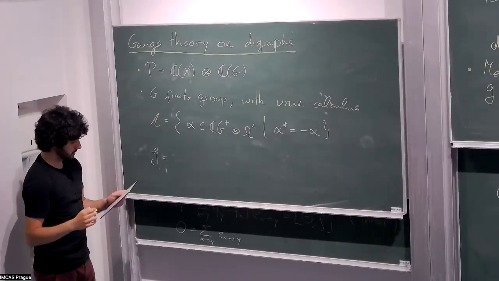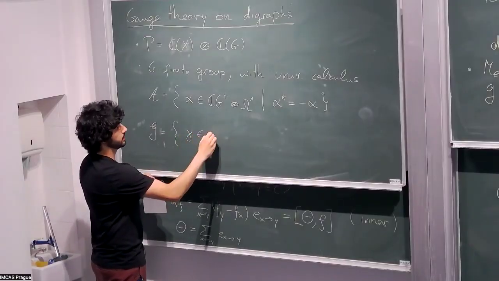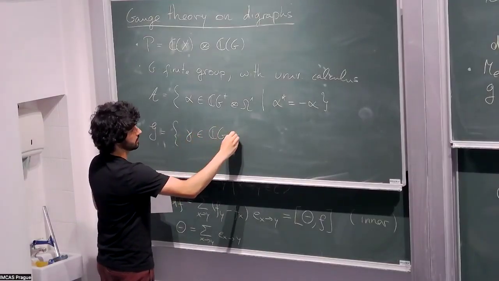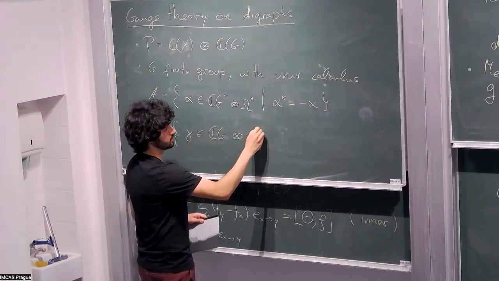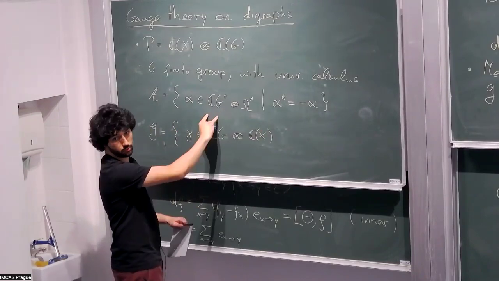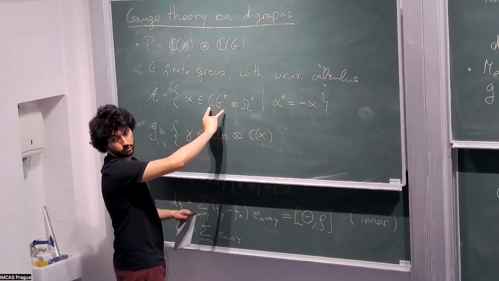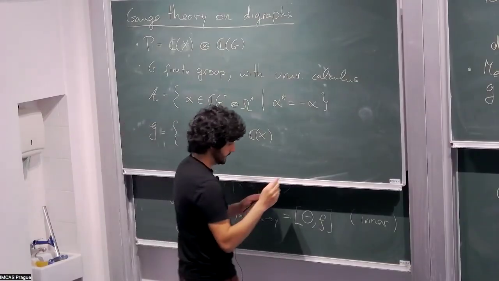And now for the gauge transformations, what we have is, you can think of them as functions on X with values in CG. So this is just Lie algebra valued one forms, and in the case of the universal calculus, you get that the Lie algebra of a finite group would be this.